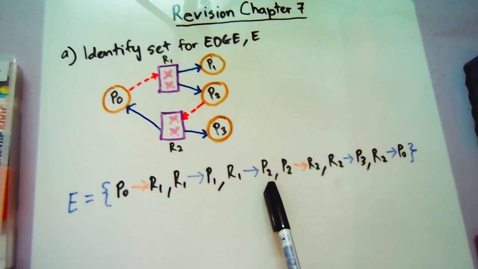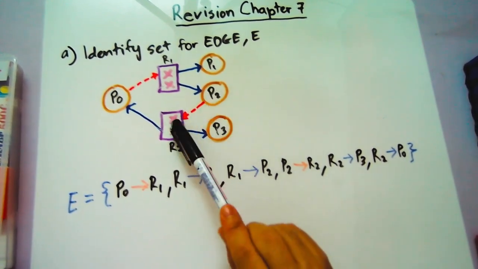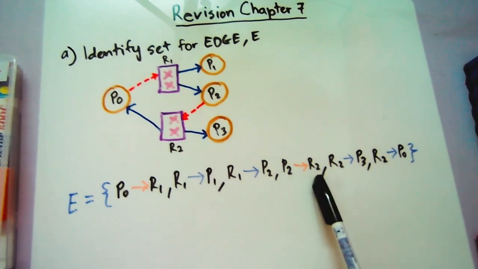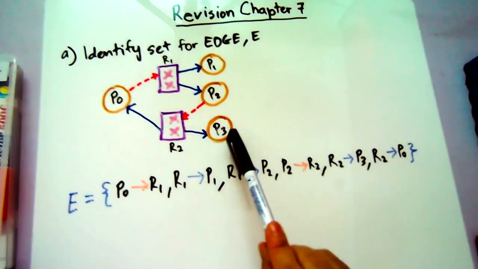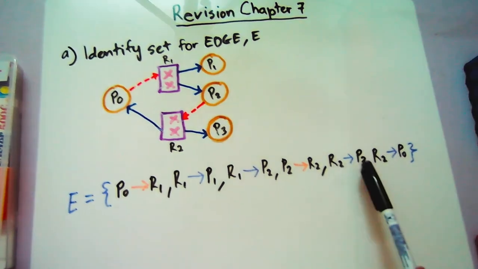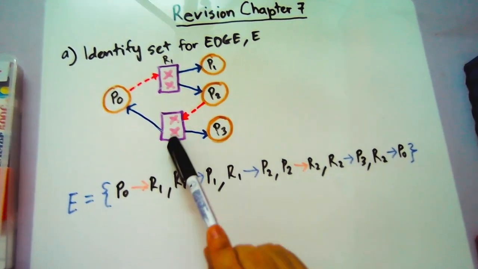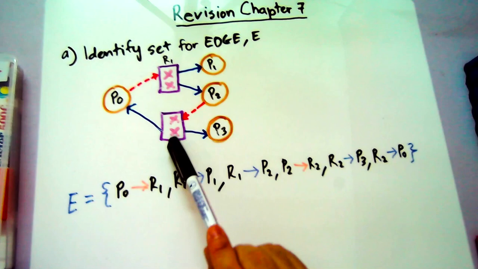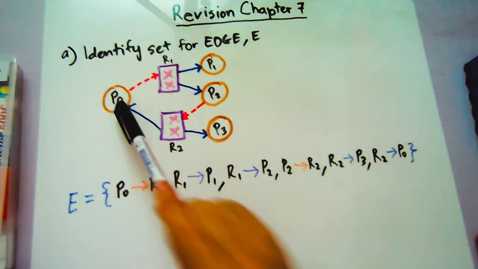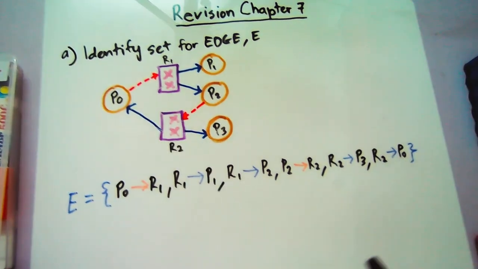The fourth edge is the request edge from process P2 to resource R2, P2 to R2. The fifth edge is the assignment edge from resource R2 to process P3, R2 to P3. And the sixth, or final, edge is the assignment edge from resource R2 to process P0, R2 to P0. So we have completed identifying the set of edges for question A.